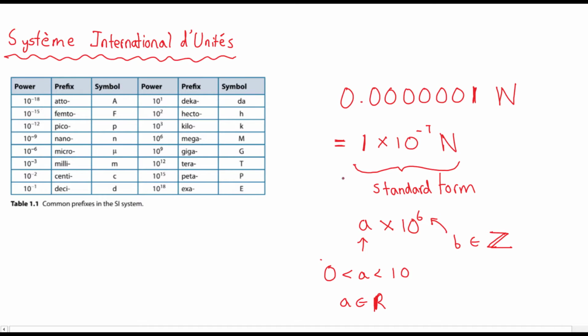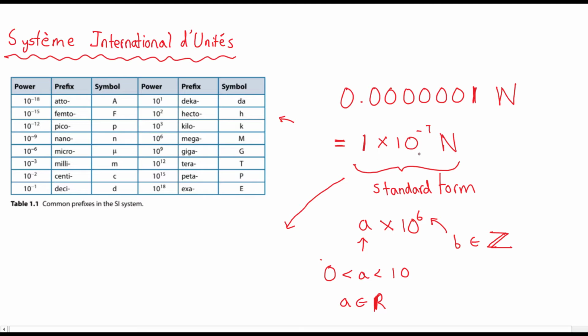But let's say instead of writing this in standard form, I want to write this in terms of one of these units. So these units, rather prefixes, basically allow us to represent the same information but with a more appropriate unit to the scale.